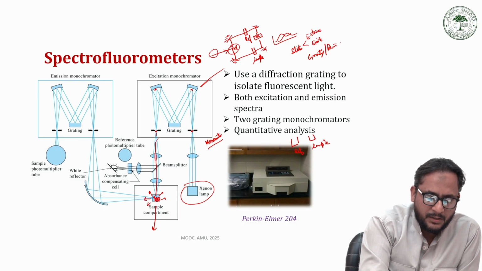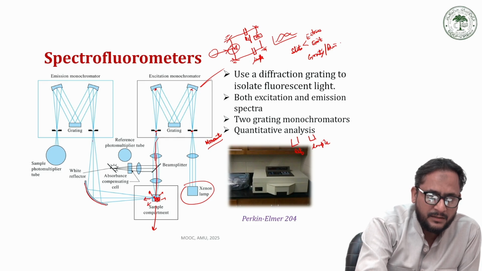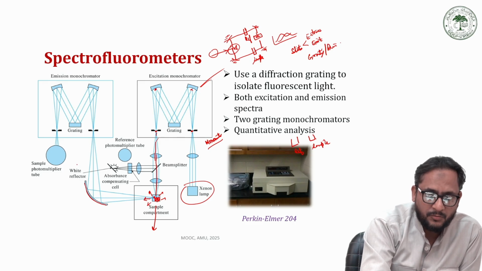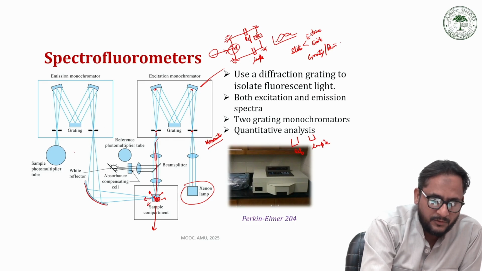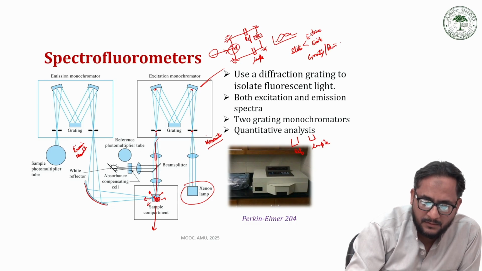We put a focus mirror that reflects this light radiation to the second monochromator, which is the monochromator for emission. This is our emission monochromator. This one is our excitation monochromator.